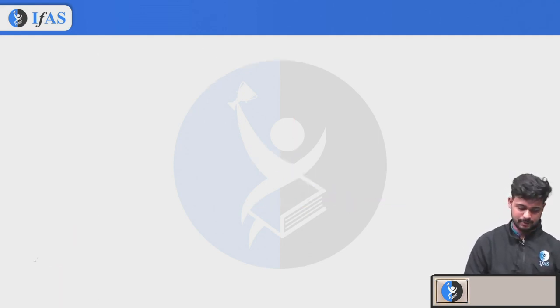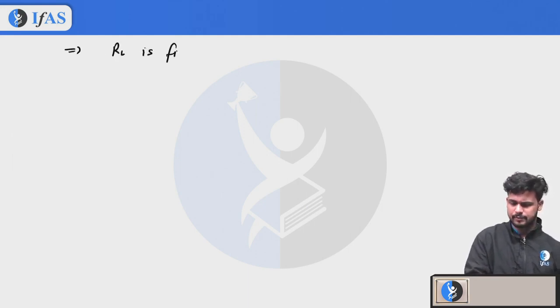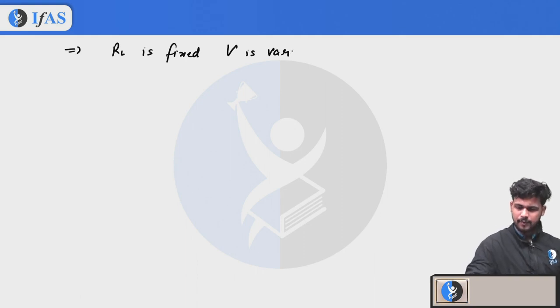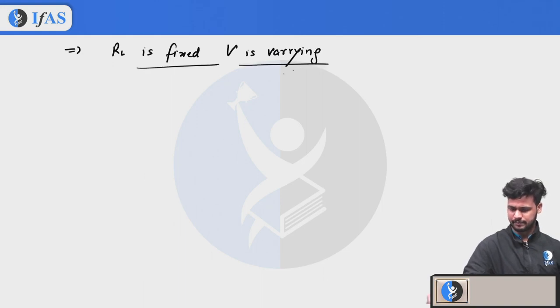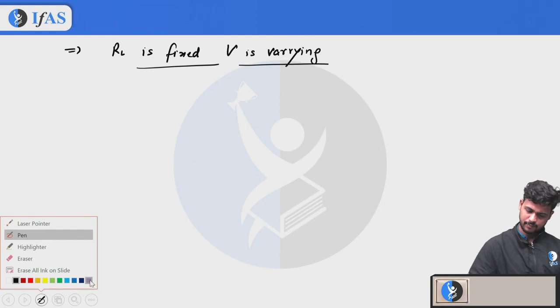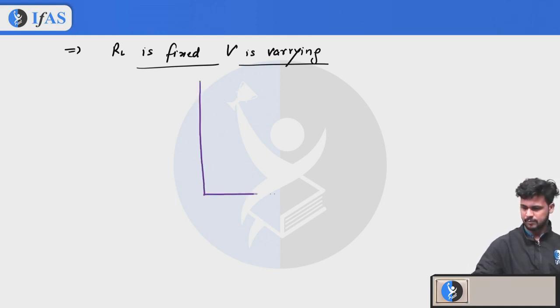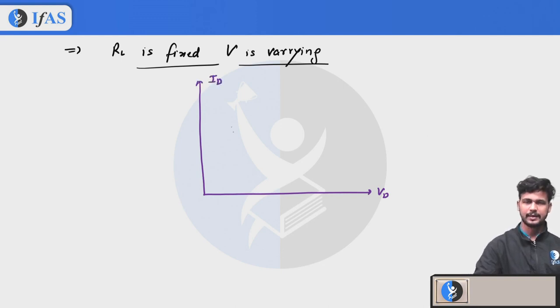Next is that RL is fixed, V is varying. Okay, this is VD, this is ID.